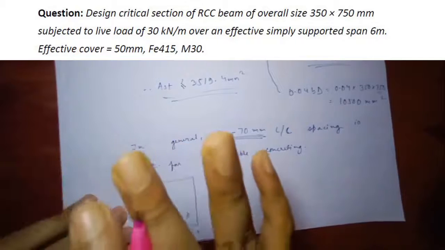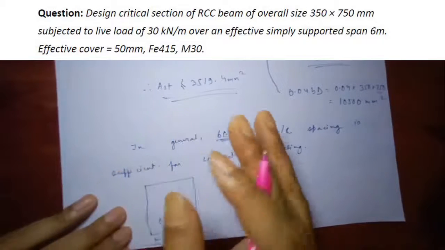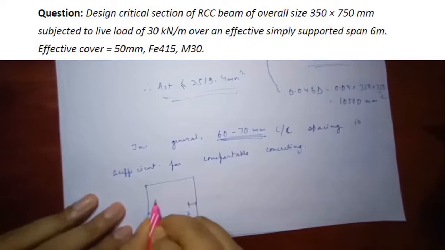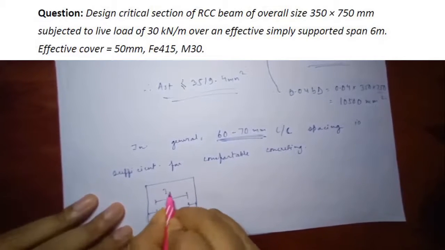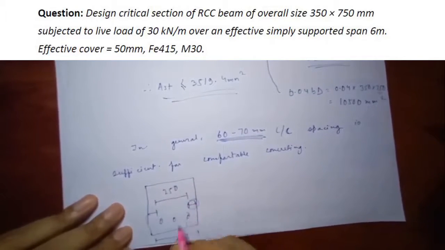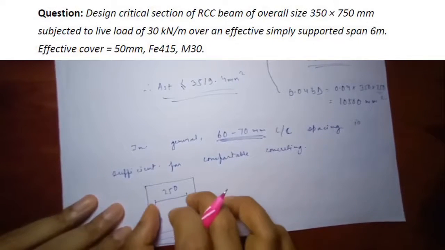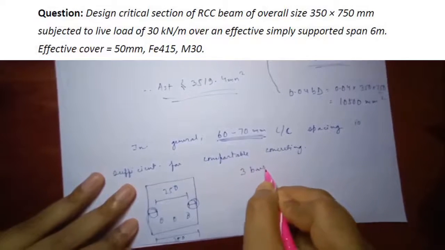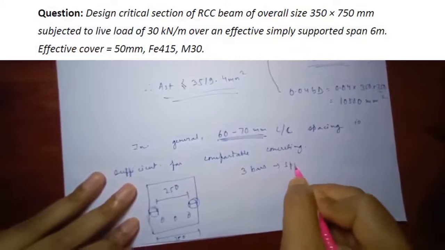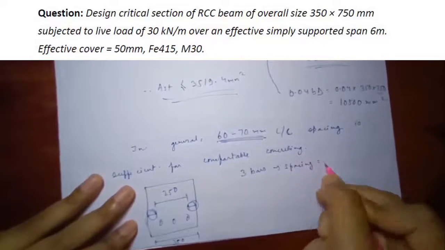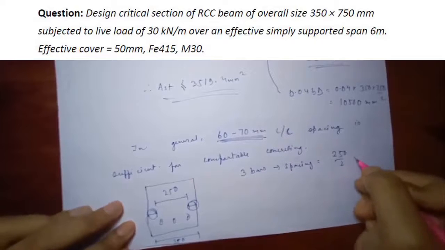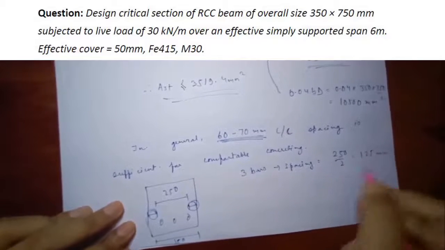Also I am asked to keep some nominal cover, suppose I am keeping it 50, this is 50, so this one turns out to be 250, because 50 and 50, 100, will be taken up by these two, and thus I will be remaining with 250 only. So for 3 bars the spacing will be 250 by 2, that is equal to 125 mm.